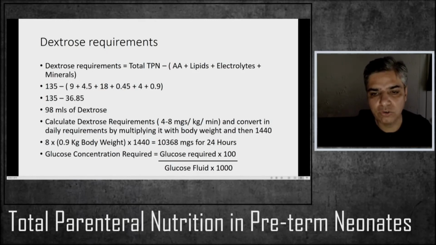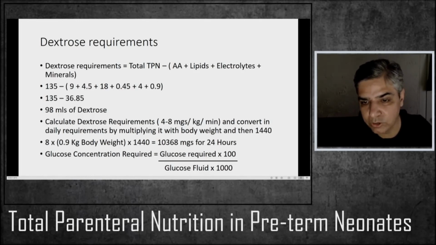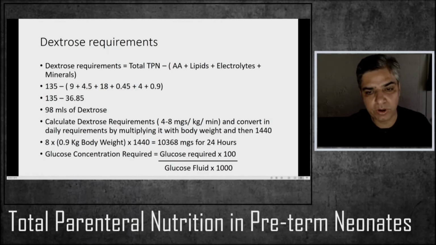If you do all this math, this would come out to be somewhere around 10.2%. Let's simply make it simple: it's 10% dextrose, and he would need 98 mLs of this 10% dextrose.